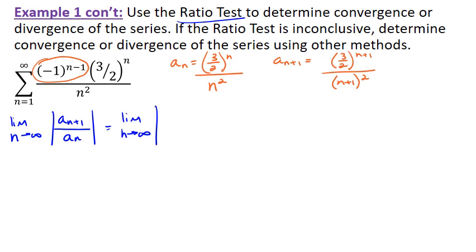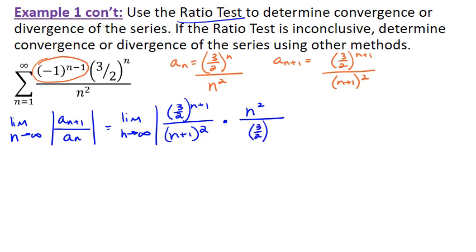So I'm going to have the (n+1)th term times the reciprocal of the nth term. Because if I have this divided by this, then it's the same as multiplying by the reciprocal.